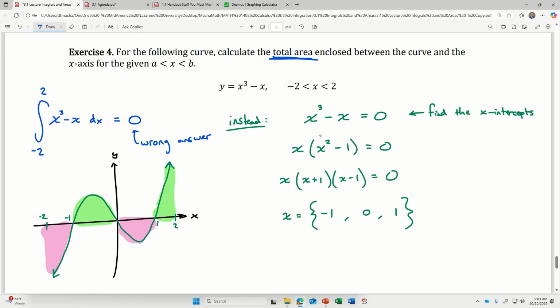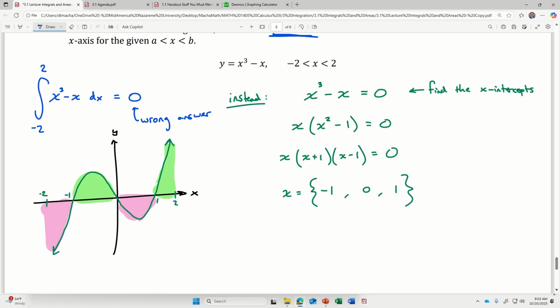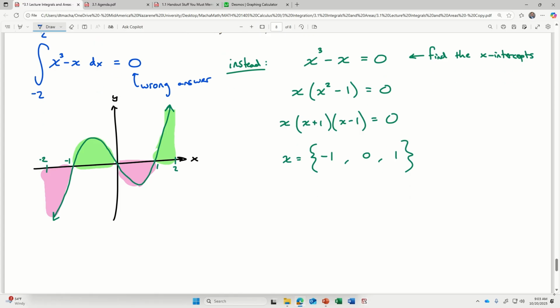So the way to do this, then, is you could say, well, maybe what I do is I take the integral from -2 to -1, which is going to give me this part in red. But I know that's going to give me a negative number. So I'm going to put a negative sign in front of it to make it positive. And then I'll take the integral from -1 to 0, and that's going to give me a positive number because it's above the x-axis.